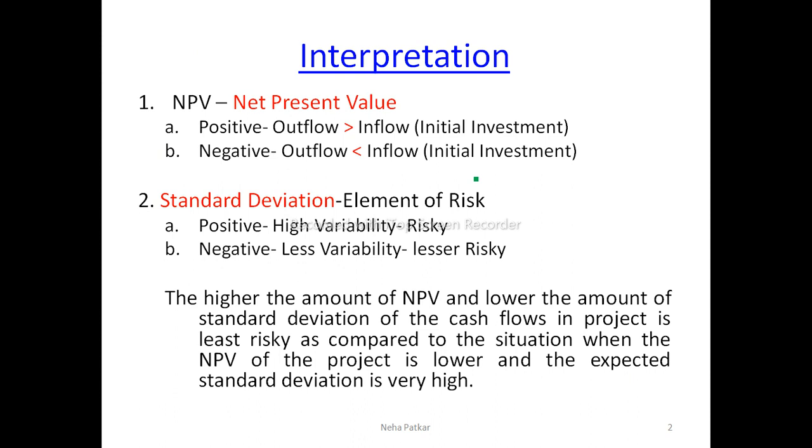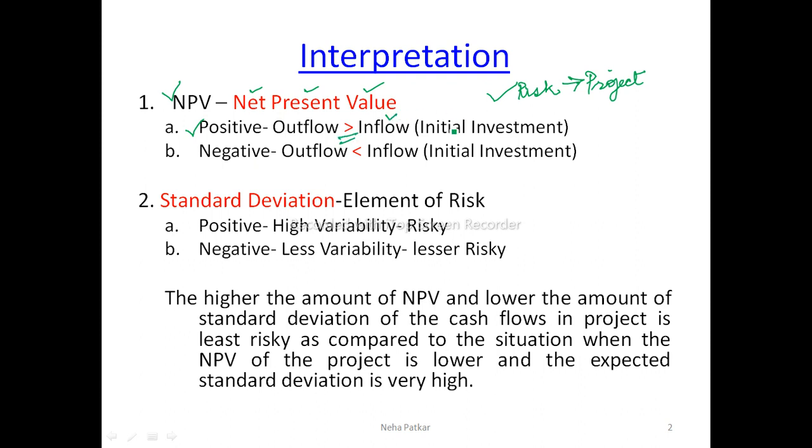Yes, how a Hillier model helps to interpret the risk in the project. How we can calculate, first parameter is NPV. We can calculate the net present value of any project, and when with the use of formula we calculate and we get the positive NPV, it indicates that outflow is greater than inflow.